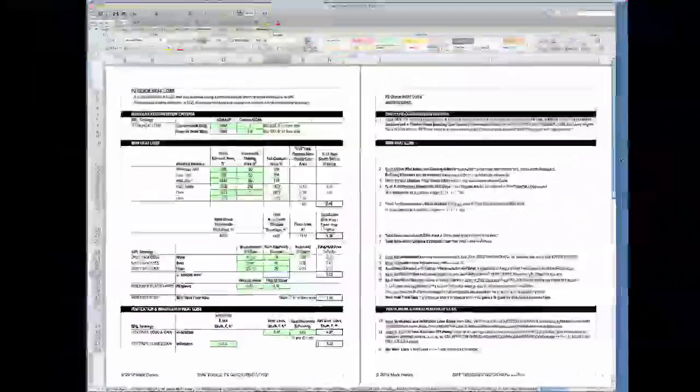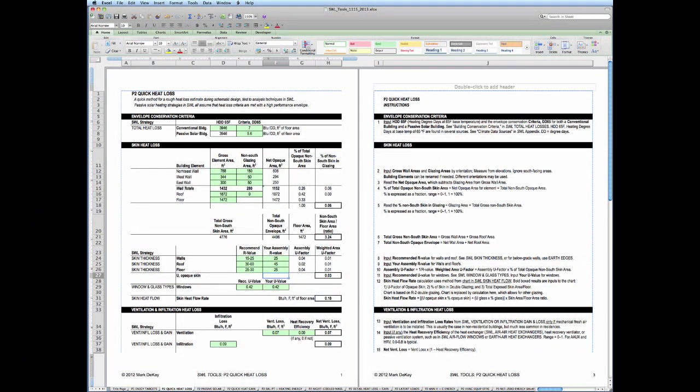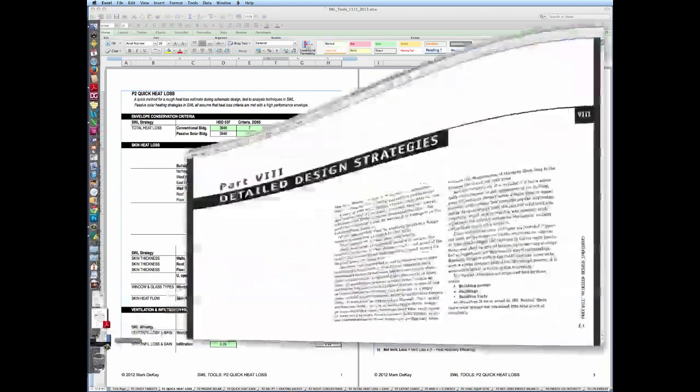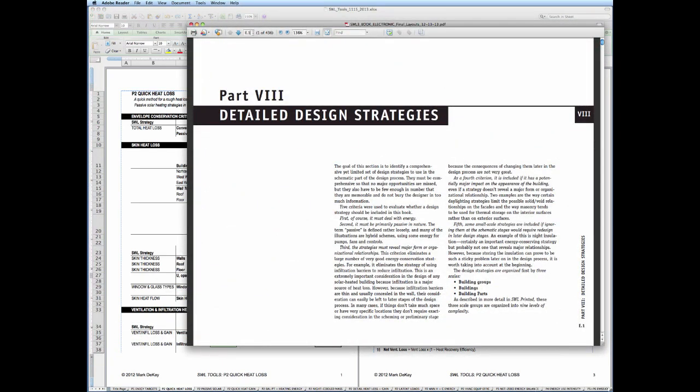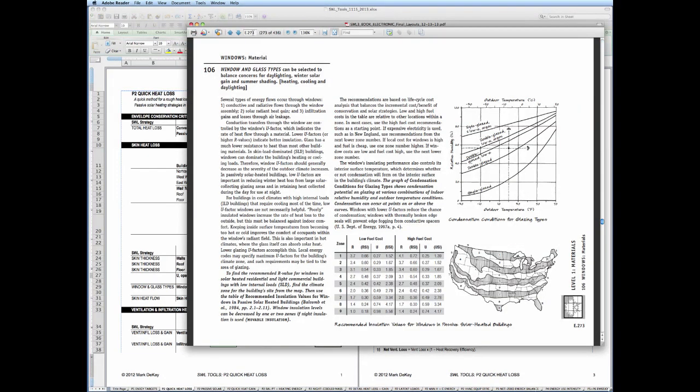Next, what we'll look at is windows. For windows, the U-factor recommendations are given in the Window and Glass Types strategy, Strategy 106. So I'm going to open that up now. Here's my Sun, Wind and Light Electronic. That starts on page E273.